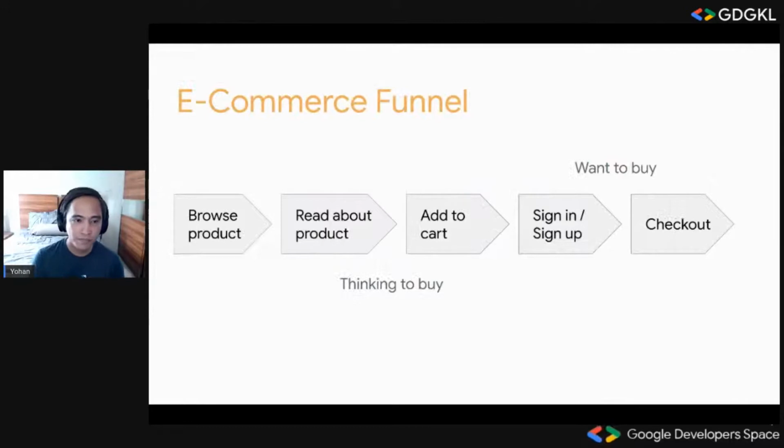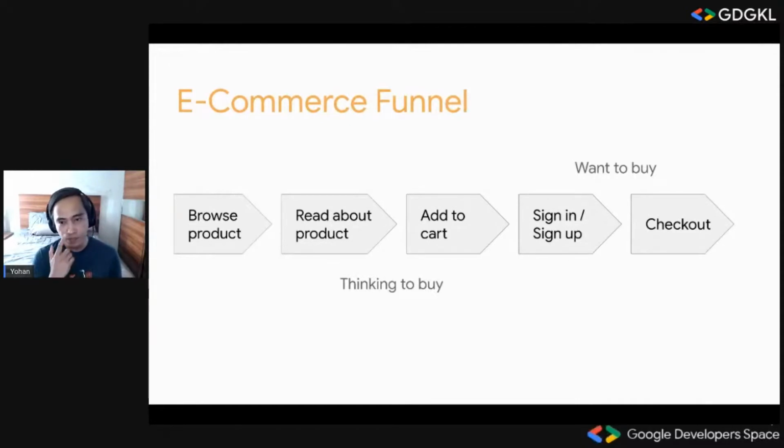So let's start. If you're not familiar with e-commerce, this is the general e-commerce funnel. Usually we also call this a user journey. It's step by step how a user comes into an e-commerce website and then does a transaction, and what kind of steps they take to finish the transaction until they pay for the product.